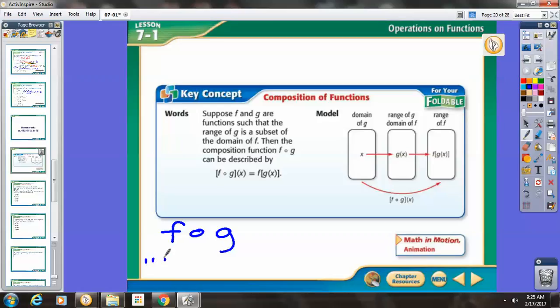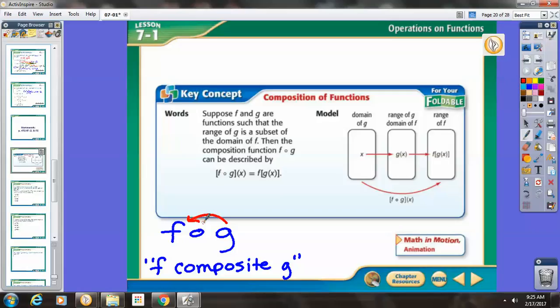F composite g. That's fancy for saying, let's put the g function in for the f function. Okay. We read it backwards as far as the process. We're going to take our g function and we're going to put it into the f function.